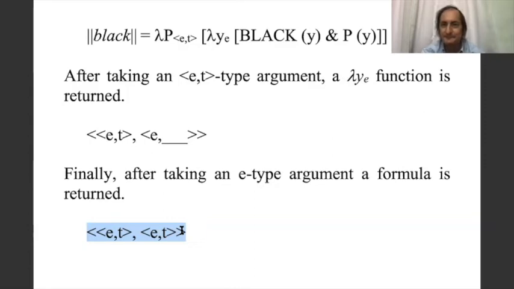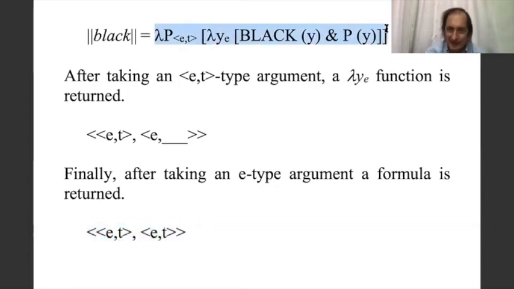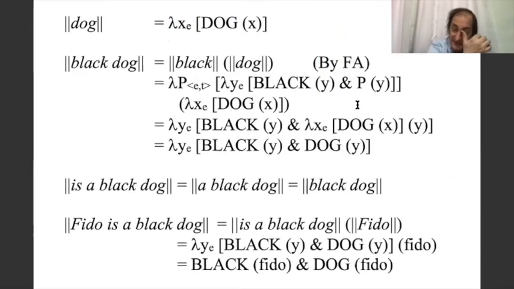Now, if you're like most people, you don't immediately see how this is going to give us the right results for, say, black dog. So let's go through and show it. We'll start with our assumption that we've had all along, that dog is this predicate, lambda x, dog of x.